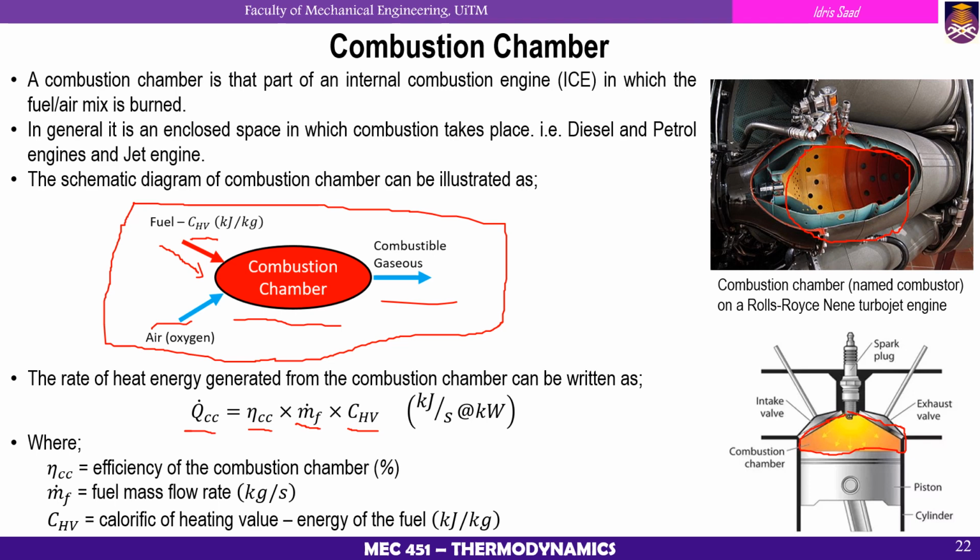Normally, the efficiency of the combustion chamber is given as a percentage. The mass flow rate is in kilogram per second, and the calorific value or heating value is in kilojoule per kilogram. This will give us the heat generated from the combustion chamber in kilojoule per second, or kilowatt.